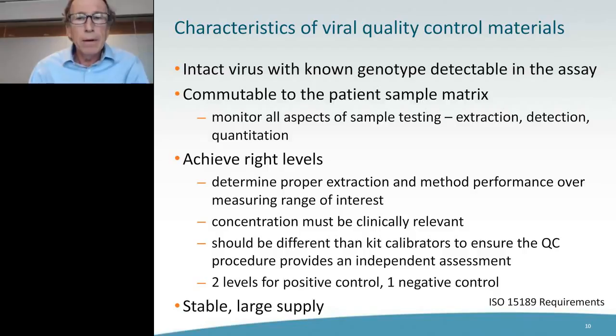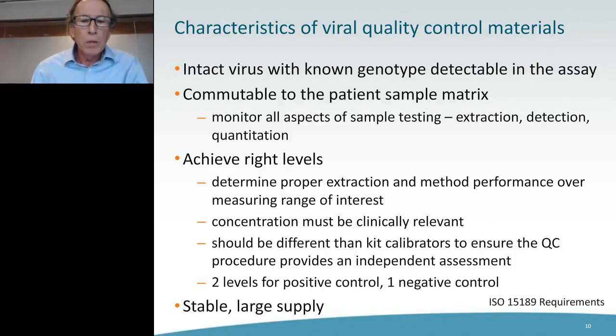And viral quality control materials, under the best circumstances, should be different from kit calibrators to ensure that the QC procedures provide an independent assessment. I'll speak to this in a bit. Typically, when you set your assays up or use an approved kit, you always have two levels for positive control and one level for a negative control.